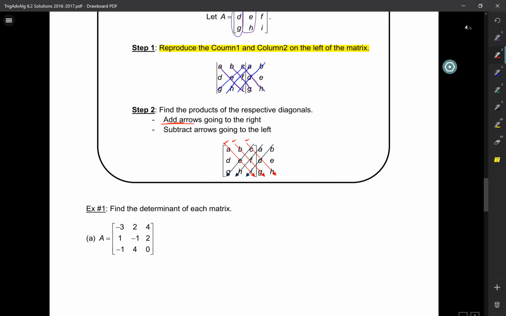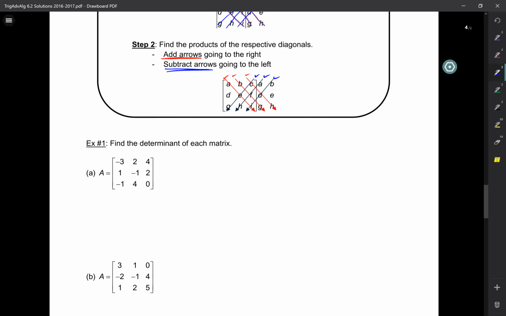You add whatever you got from those arrows. How many arrows do you have going to the left? 3. You subtract whatever you got from those arrows. It is a little weird, but it sounds confusing, and once you do it, it's so much fun.